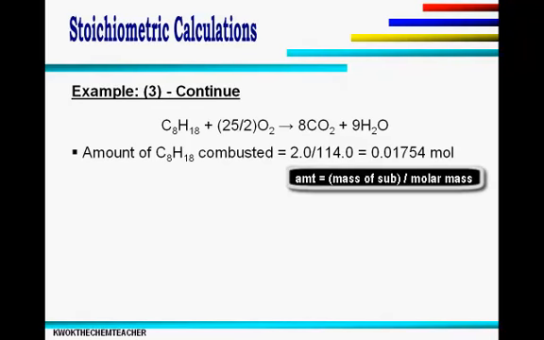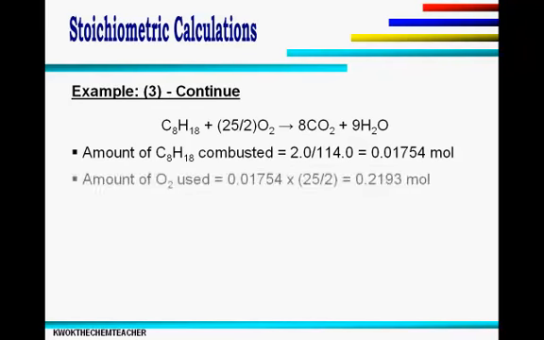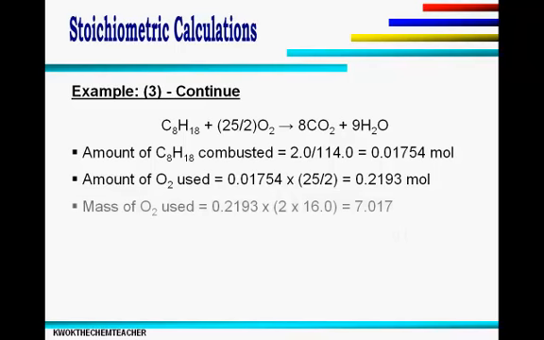Simply, it is the mass divided by the molar mass. We are able to obtain the amount of oxygen used, which will simply be 0.01754 multiplied by 25/2. That's because for every 1 mole of isooctane, you need 25/2 moles of oxygen.